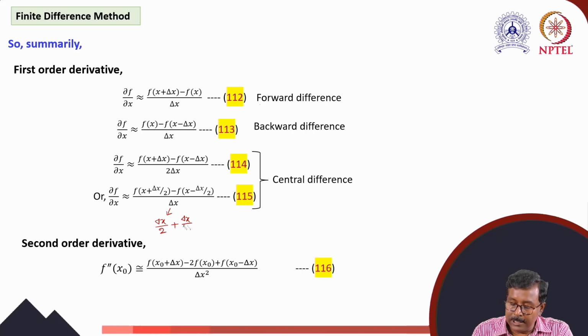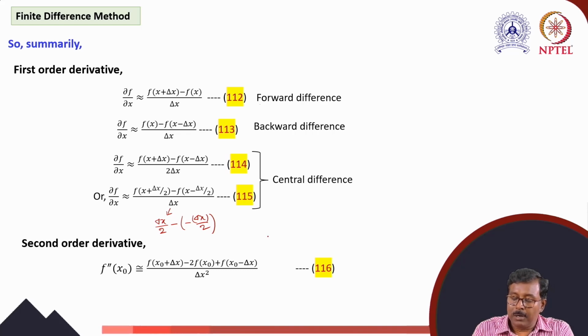In this way we get delta x, because here, in the incremental difference, we are considering delta x by 2. That can also be done. That means basically you are decreasing the incremental step size by half. Decreasing step size means more and more accurate results you are expecting.